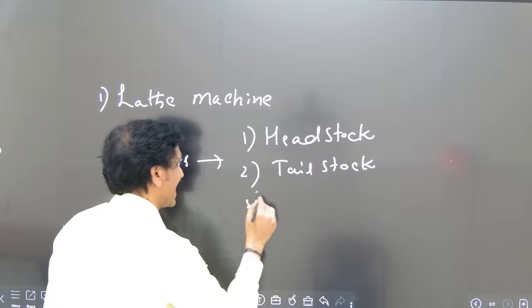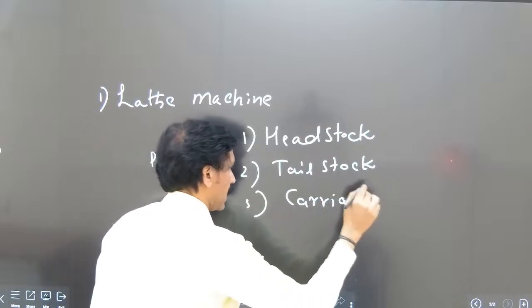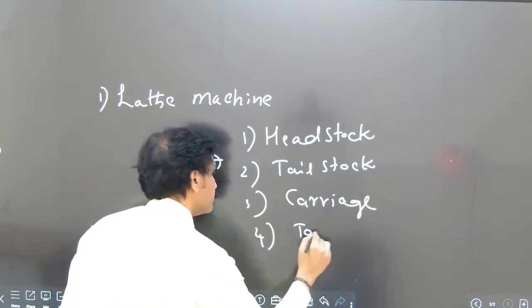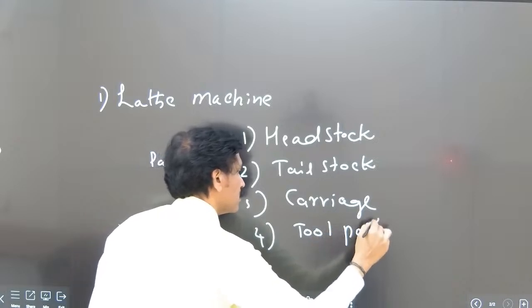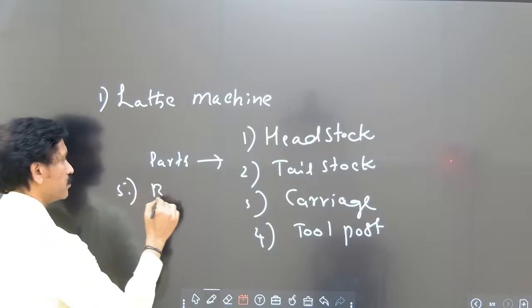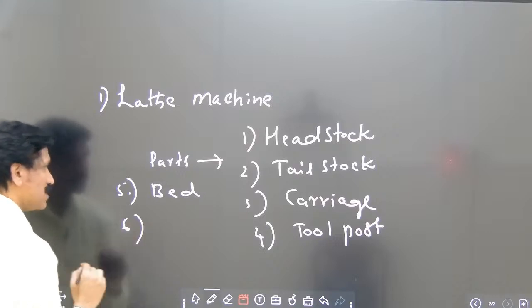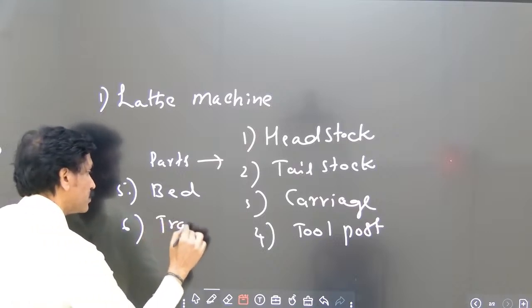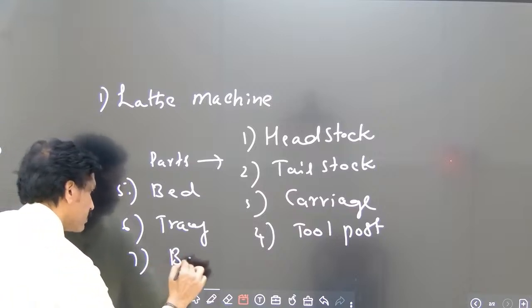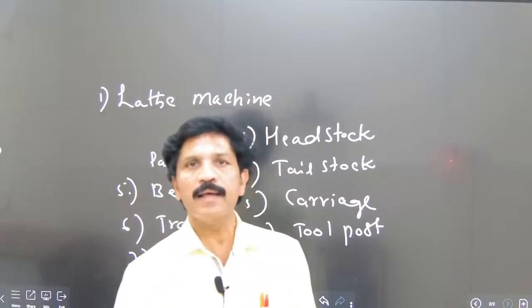Number 3 is the carriage. Number 4 is the tool post. Number 5 is the bed. Number 6 is the tray. Number 7 is the base.